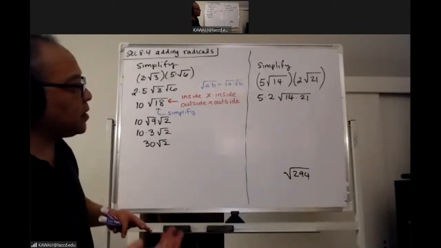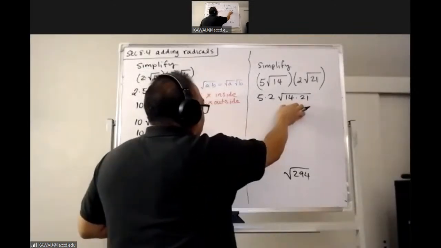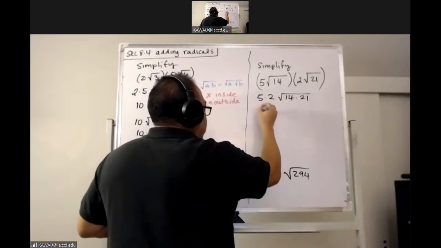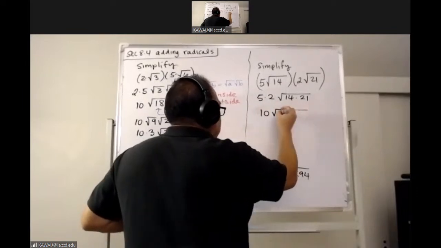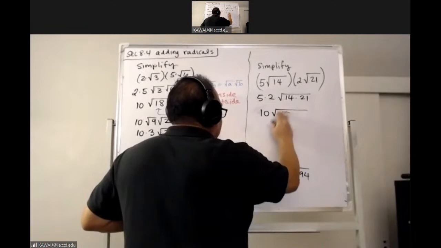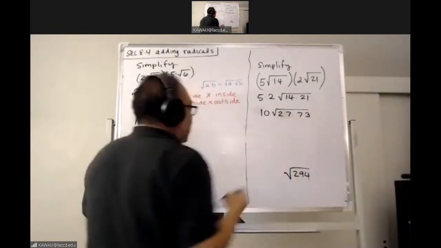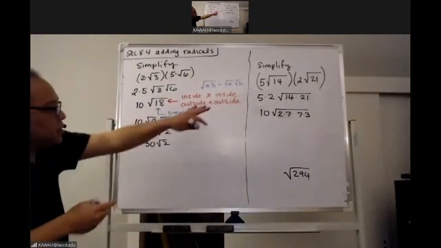So what I like to do if the numbers are really big is just use the prime factoring. 2 times 7, 7 times 3. So if the numbers are big, just take the prime factors.